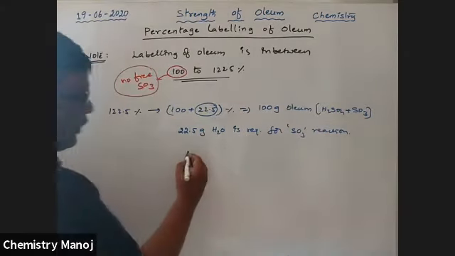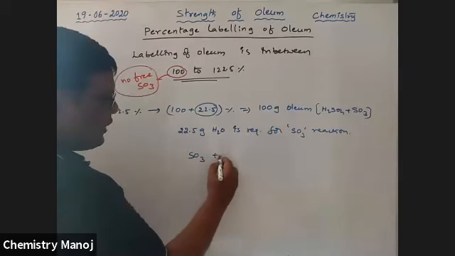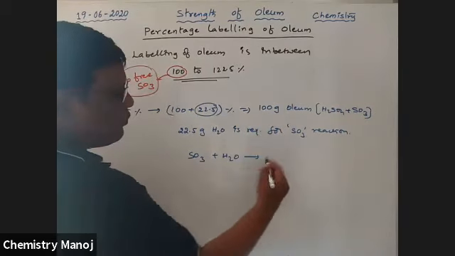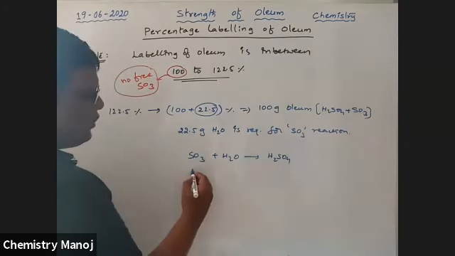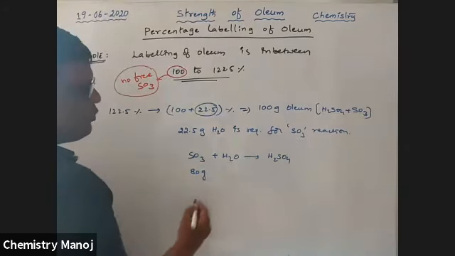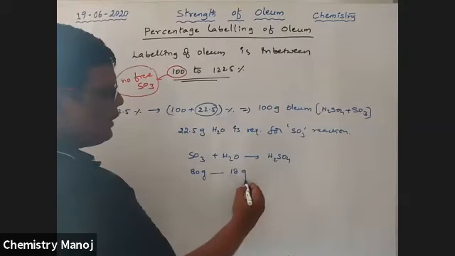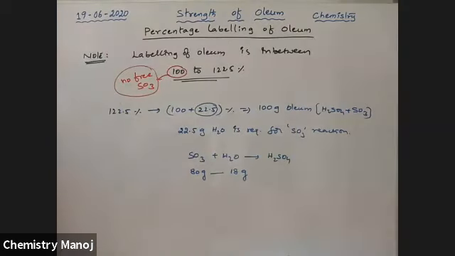We know SO3 plus H2O gives H2SO4. That means actually 80 grams SO3 requires 18 grams water.